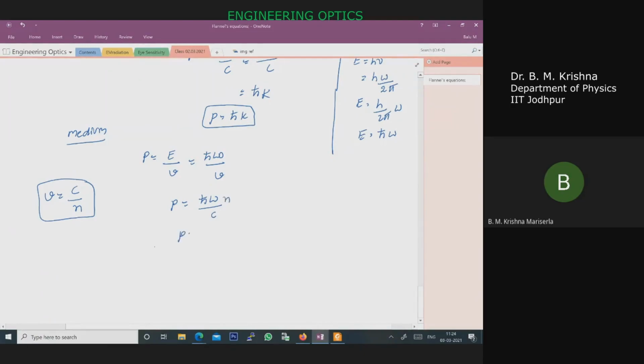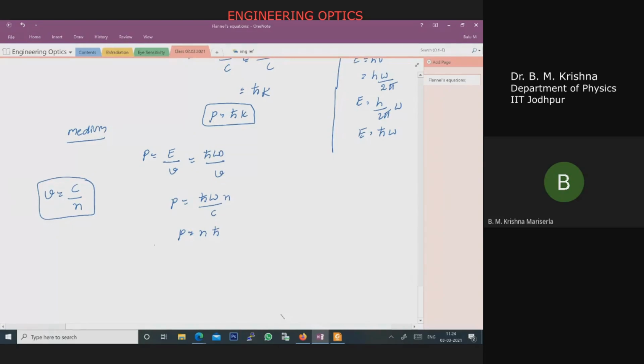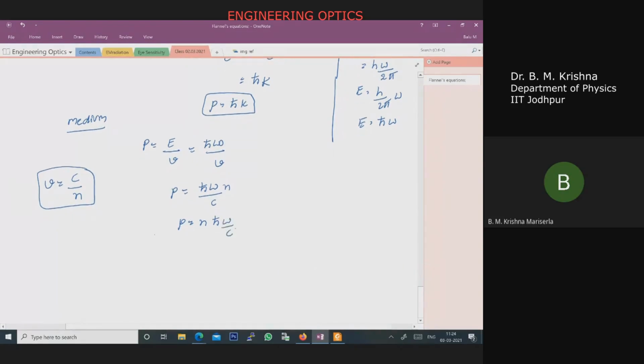That is nothing but p equals n h cross omega by c, and omega by c is nothing but k. So your momentum depends upon the refractive index in the medium. So this is about the momentum of the photon when propagating through a medium.